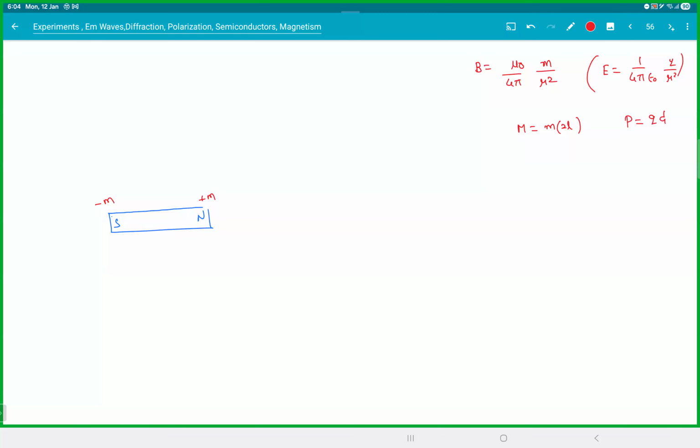So at this point, this distance will be r minus L, and this distance will be r plus L. Here the magnetic field will be mu naught by 4 pi m by (r minus L) whole square minus mu naught by 4 pi m by (r plus L) whole square.